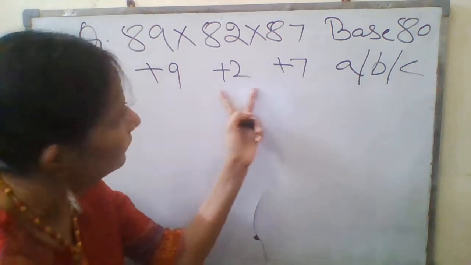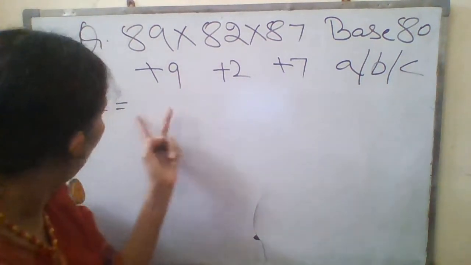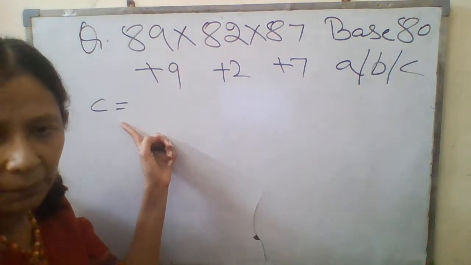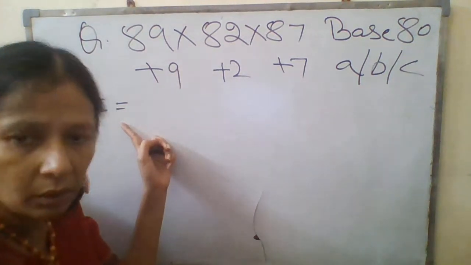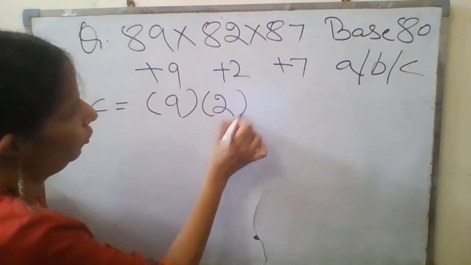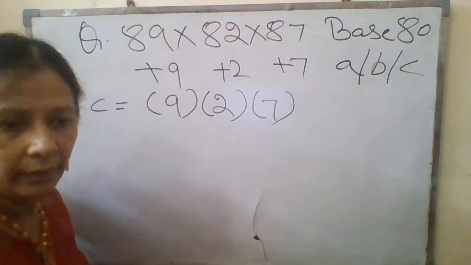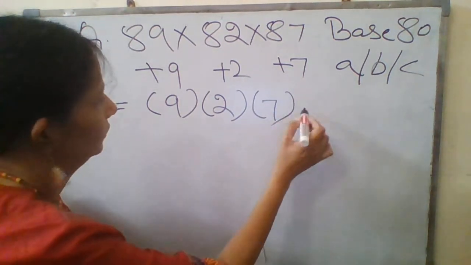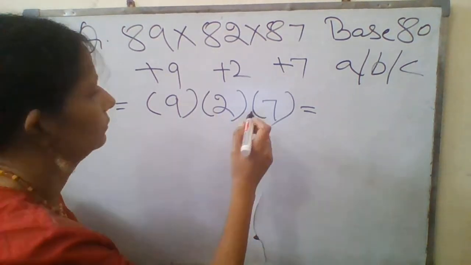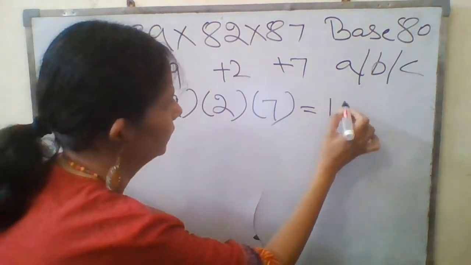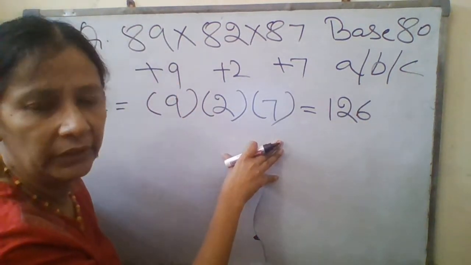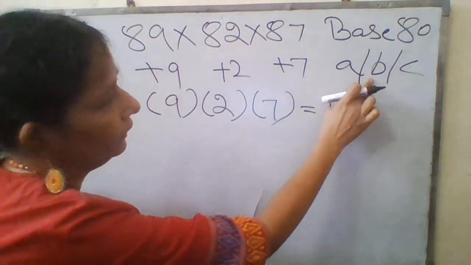Now to find out the value of C, you have to multiply all these excess values: 9 multiply 2 multiply 7. Now you got the value of C, so you have to find out the value of B.